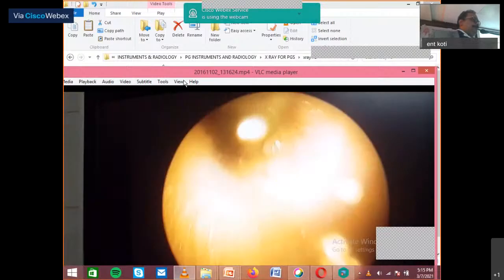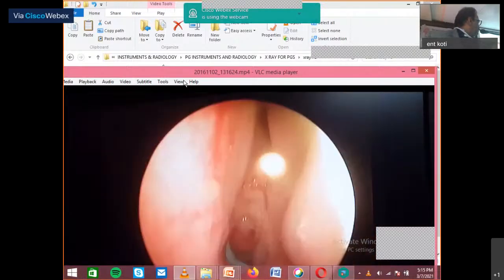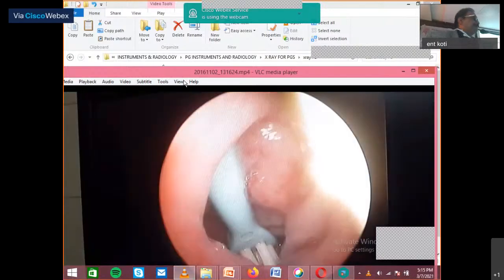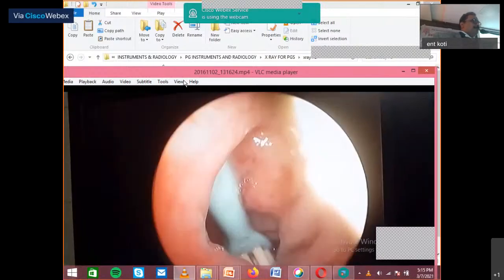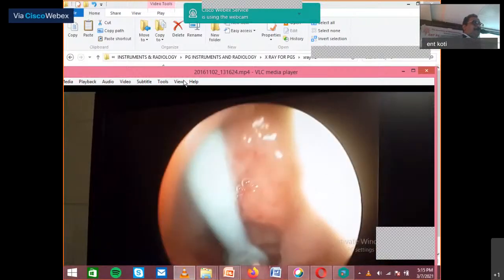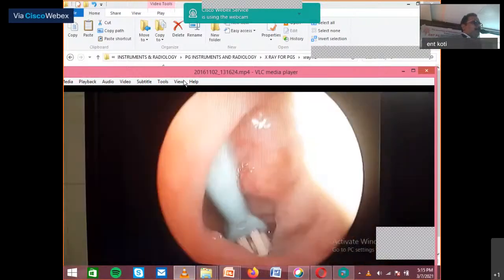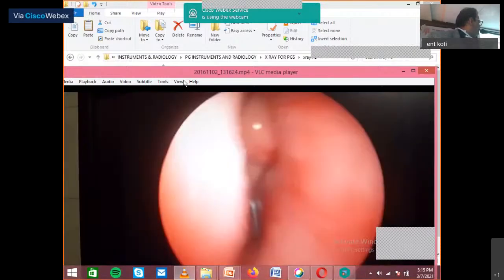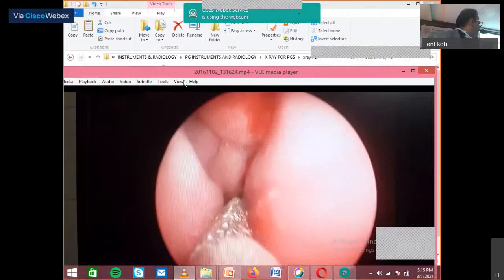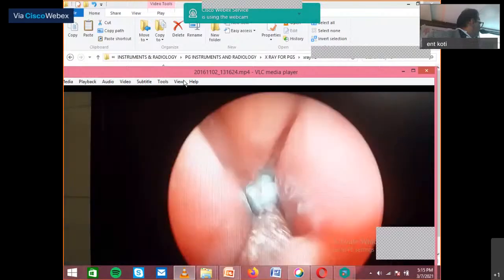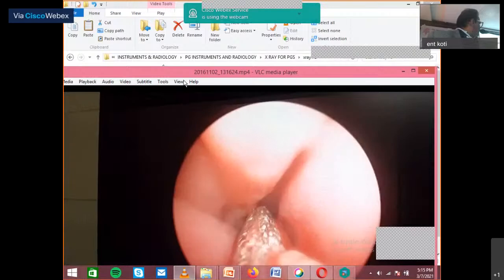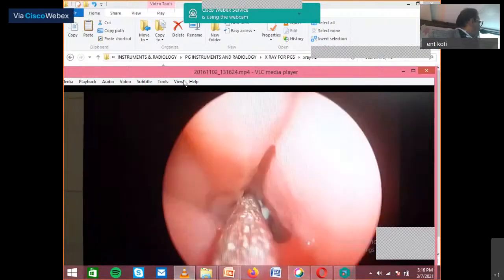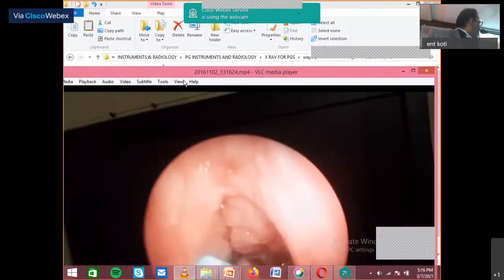This was the child. Now, how to remove this? You can treat from the other side. You cannot catch it and put it into the nose, so we have to retrieve it through the oral cavity, pushing it down. Don't stop quickly. These are the adenoids you see. So we are trying to push, and it clears the pharyngeal wall.